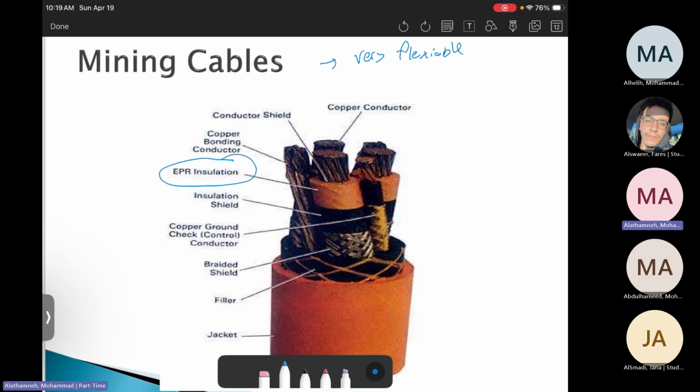Some applications are in underground mining, and it can be used in drag lines or in moving equipment. In underground mining, we need to make sure it can handle higher temperature and stress, and it's also easy to move, so we need to make sure the material is flexible. Therefore, this one is the most flexible among them.